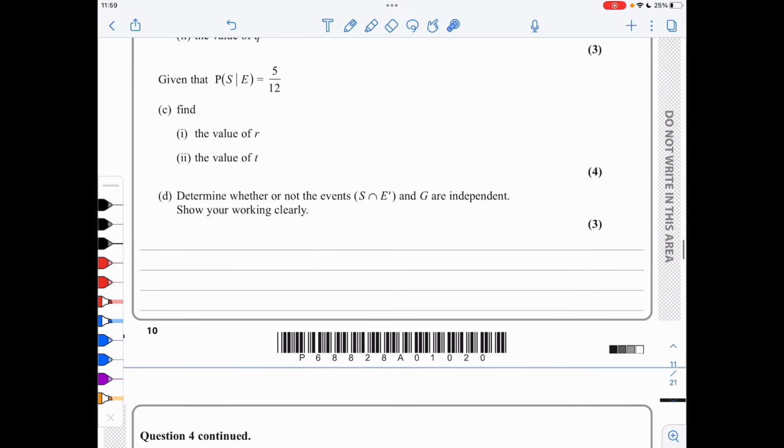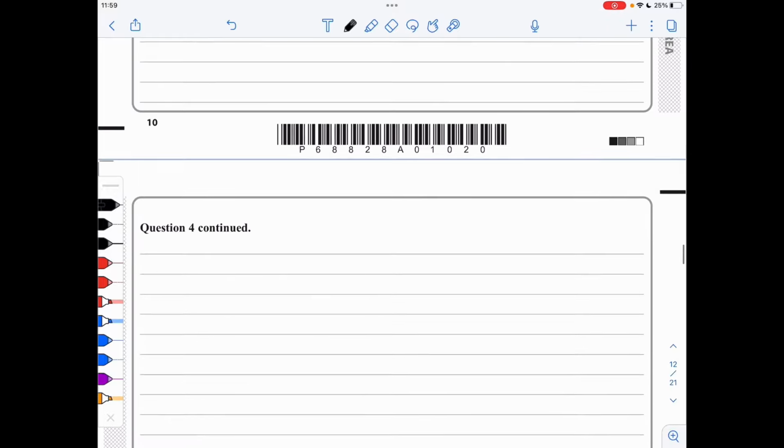So part A, we will simply add the 3 numbers, and we get that 0.08 plus 0.09 plus 0.36 is 0.53.